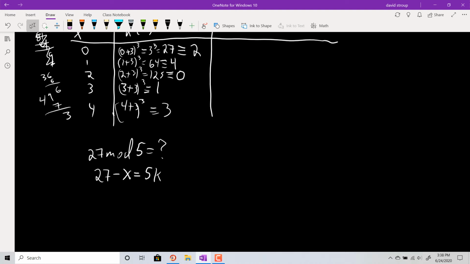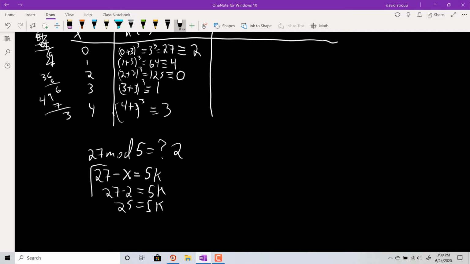And you want the smallest value of x that will allow you to have that. So if you take 27 minus 2, that'll be divisible by 5. In other words, it'll be a multiple of 5. So it'll be 25, which equals 5 times some value k. So this is equal to 2. It's also the remainder of 27 when you divide it by 5.